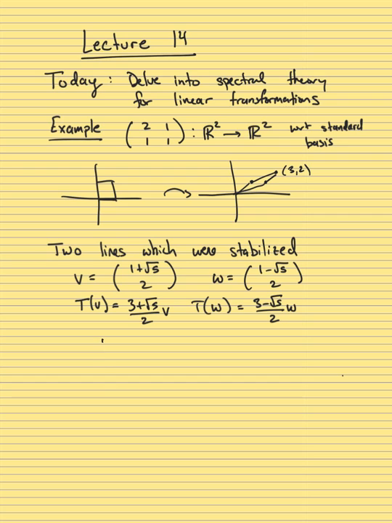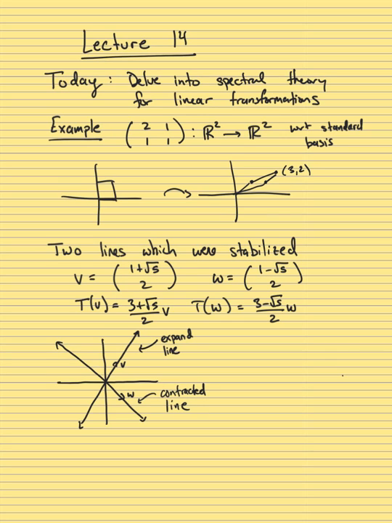Okay? So now the same linear transformation has this picture, where we look at the line spanned by v and the line spanned by w. Okay, so v is on here, w is on here. This linear transformation stabilizes both lines, but on this line it's multiplied by a constant larger than 1, so it expands, and here the line is contracted, multiplied by a constant less than 1.